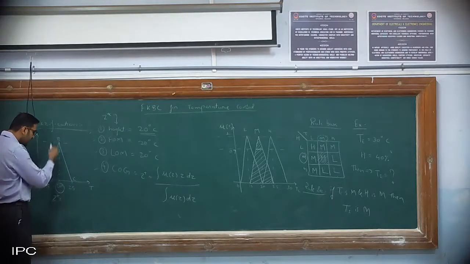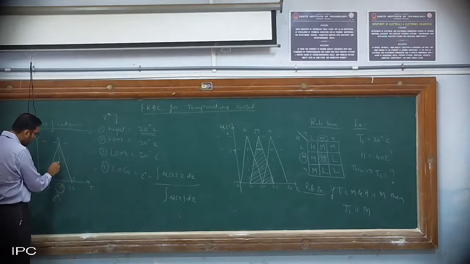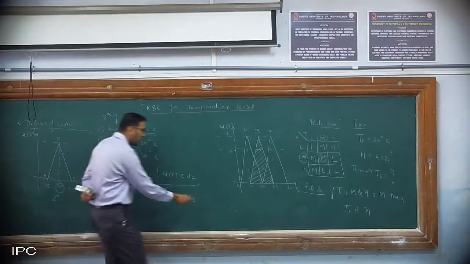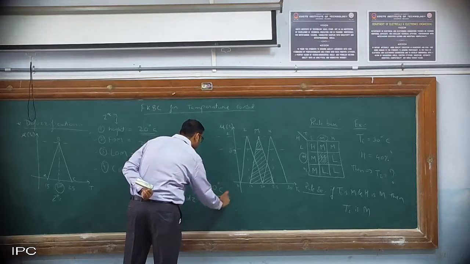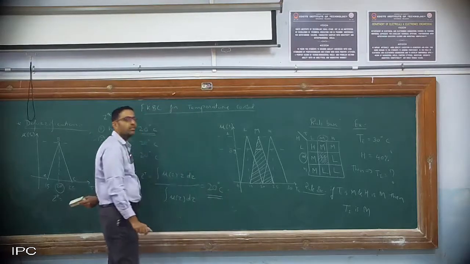As it is a symmetric triangle, the center of this area will be this point, so again it becomes 20. After solving, you will get 20 degrees Celsius as your answer. So you can see that all the methods give you the same result.